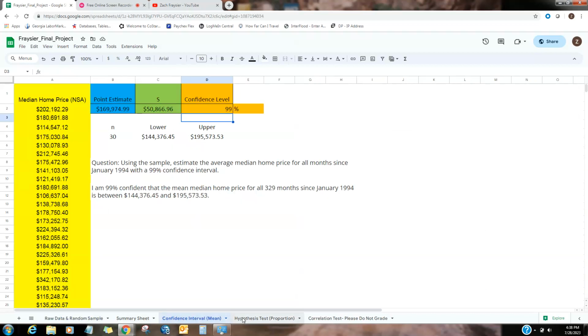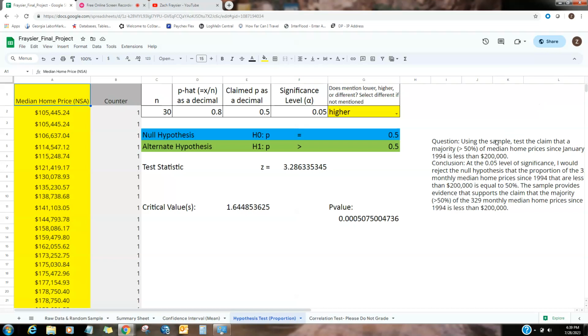The hypothesis test: using the sample, test the claim that the majority, over 50%, of median home prices since January 1994 is less than 200,000 at the 0.05 level of significance, which is what Mr. Blevins suggested. I would reject the null hypothesis that the proportion of the 330 monthly median home prices since 1994 that are less than 200,000 is equal to 50%. There's a lot going on there. Less than, equal to, but this is what matters here: 0.5, 0.5.